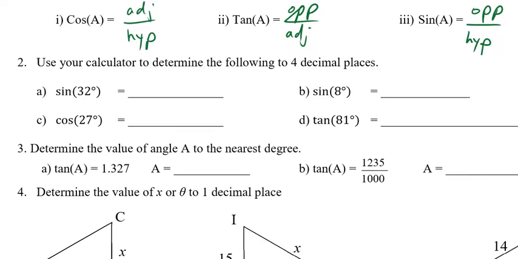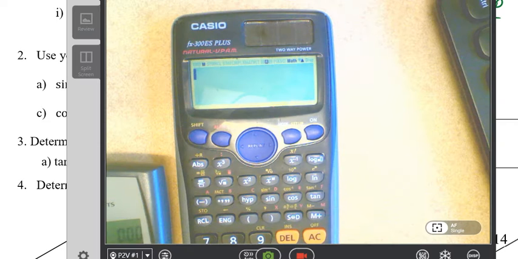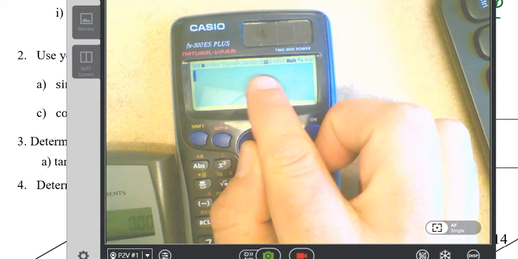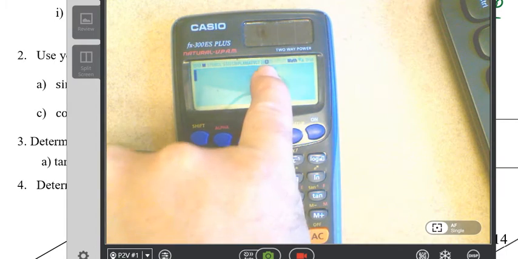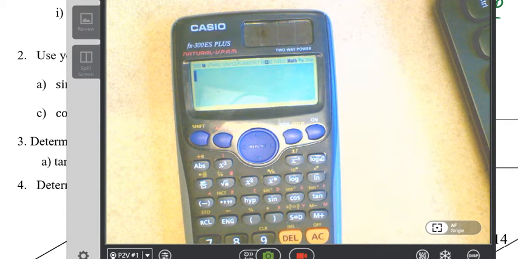Use your calculator to determine the following to 4 decimal places. Okay, so here's where we're going to have to make sure our calculator's in the right mode and everything. So here's my calculator, and there's a little letter right here, and mine is actually in the wrong mode. It's in R because in grade 12 we use a different mode.